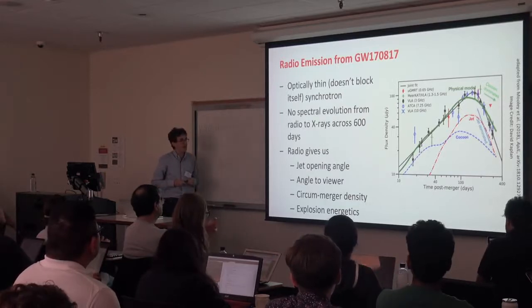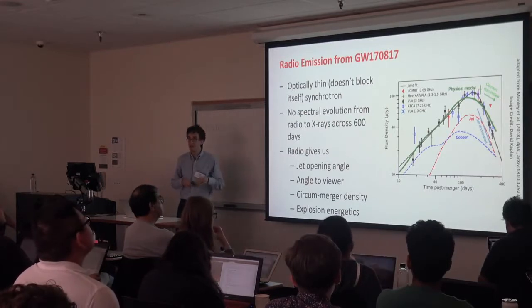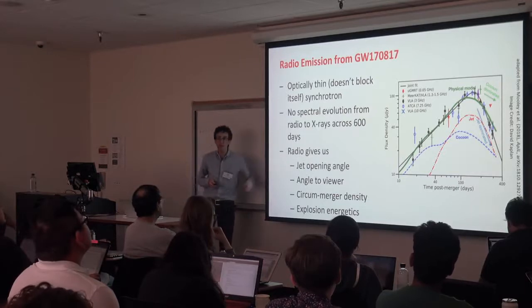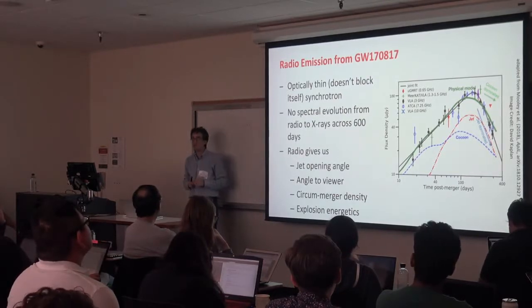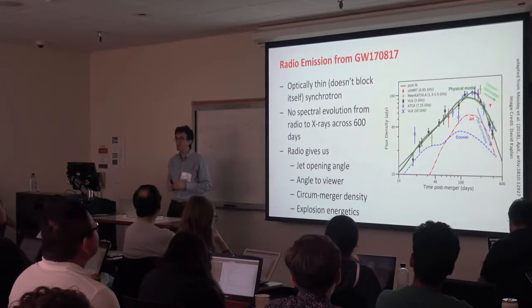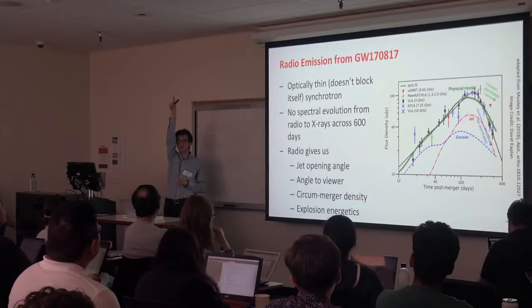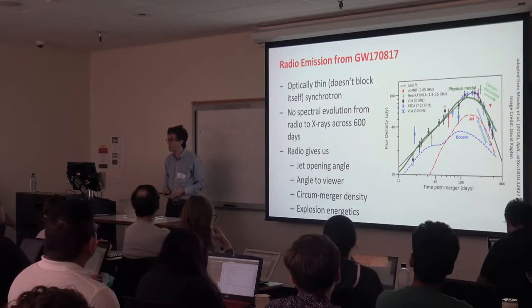And by analyzing the radio data, we're not going to be able to do all of this today, but by analyzing different radio observations together, you can figure out the opening angle of the jet. Was the jet narrow? Was it wide? We can figure out the angle of the jet to the viewer. Was it pointed right at you? Was it pointed at 90 degrees? We can figure out how dense the interstellar medium was around where the explosion happened.